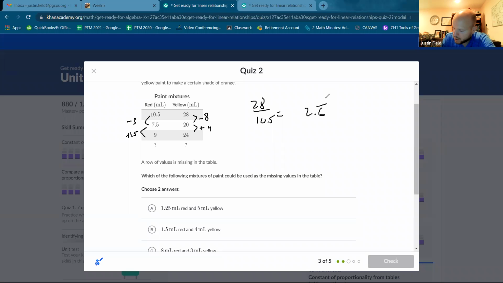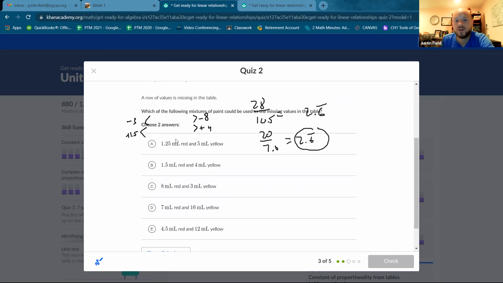If we do 20 divided by 7.5, we get 2.6 repeating. All right, so this has a constant of proportionality of 2.6 repeating. So which one of these choices is 2.6 repeating? So, divide and find the ones that are 2.6 repeating.